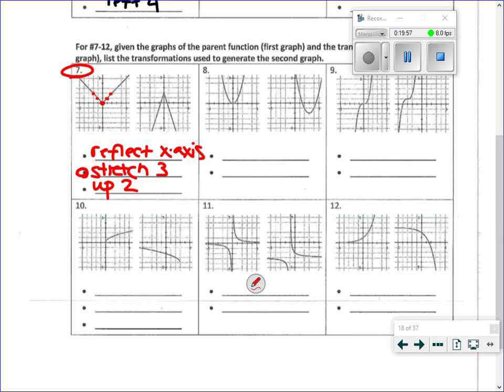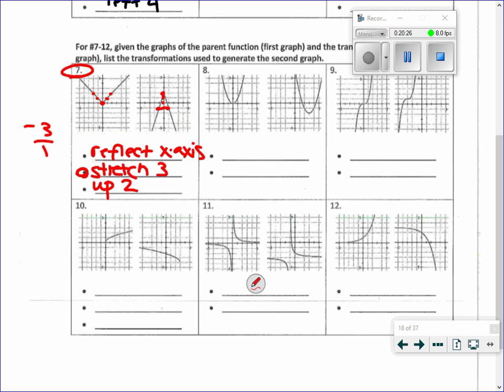Here, if I start at that minimum point and put place markers on the next good points that go through the grid, I'm going down 1, 2, 3, and then over 1. If I went down 3, that'd be -3, right? And then over 1. Remember, the negative is already taken care of by my reflecting. So just this 3 is my stretch.